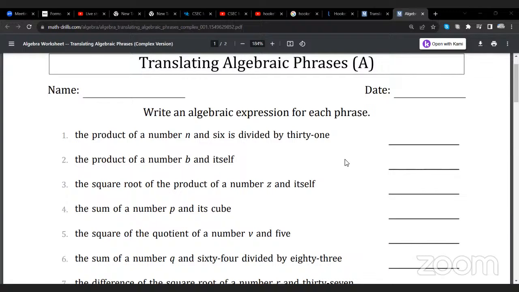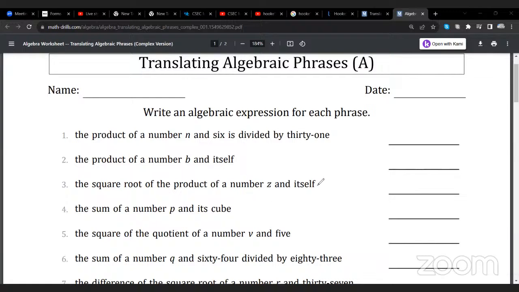I'm not sure, sir. Would it be Z times Z? Z times Z, and then what? Equals Z squared? And then what next? How do you write it? So Z squared, and then what else should be on it?